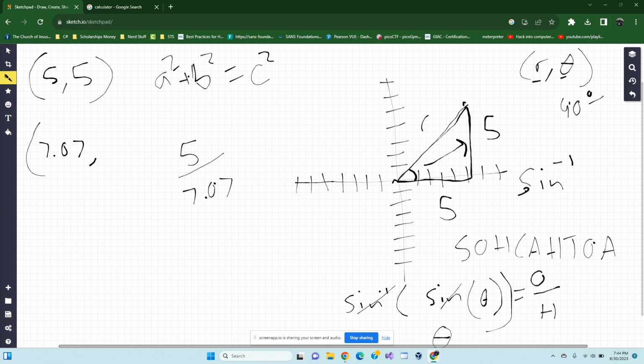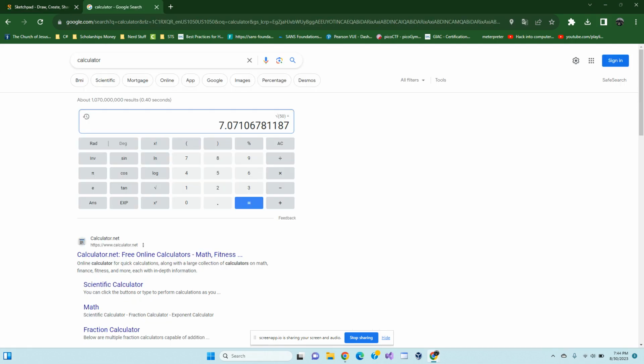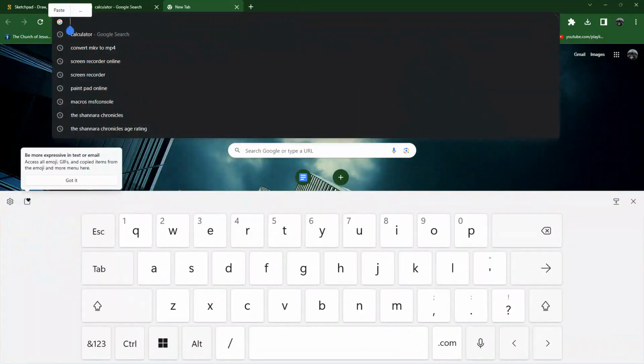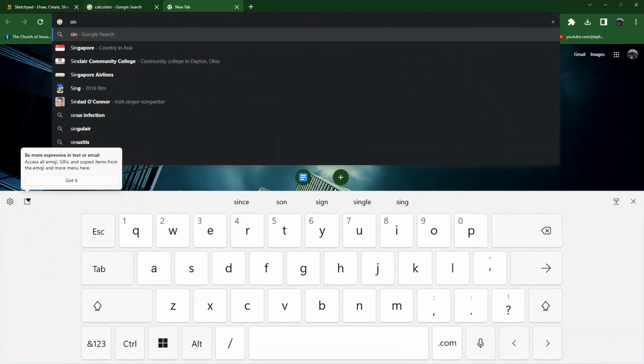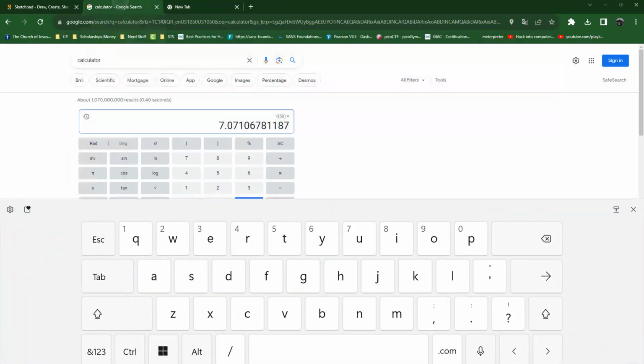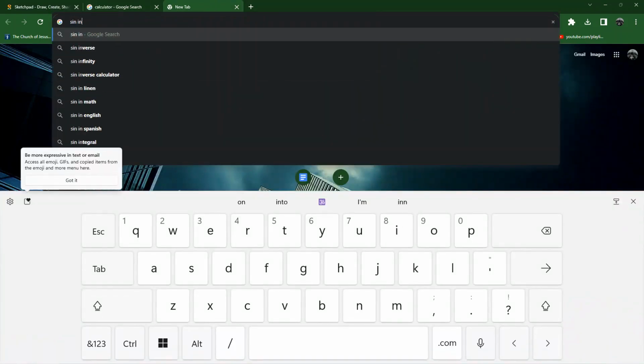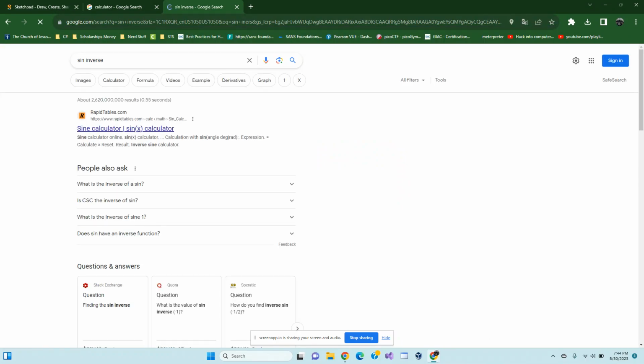But we need to do the sine inverse to our other side. So really the angle equals the sine inverse of 5 over 7.07. It doesn't look like there's a sine inverse there on the calculator, so I'll just look up sine inverse, and maybe I can find it.